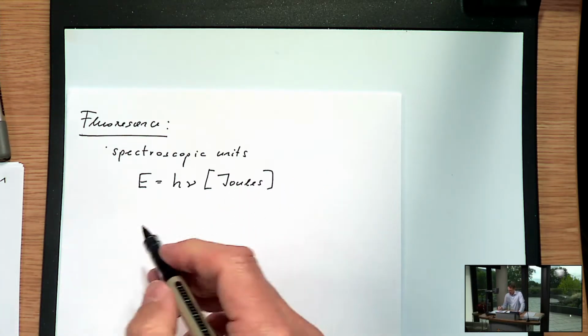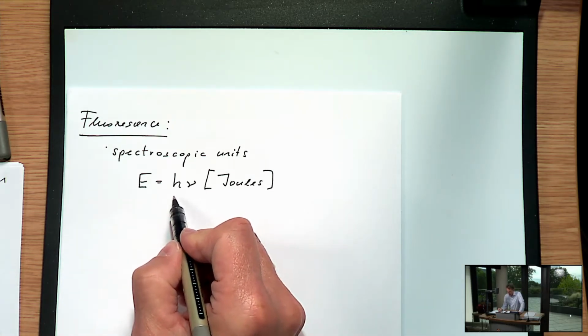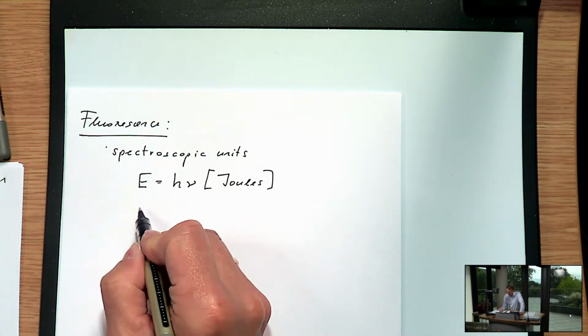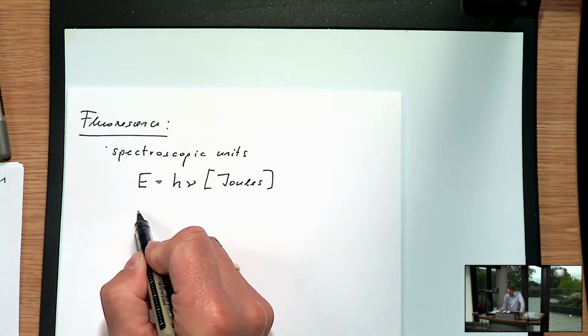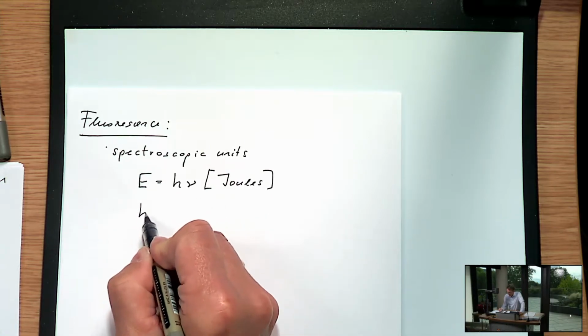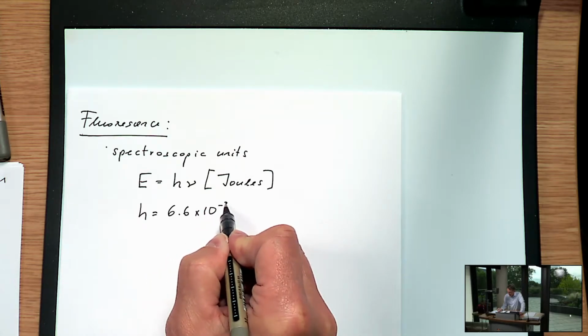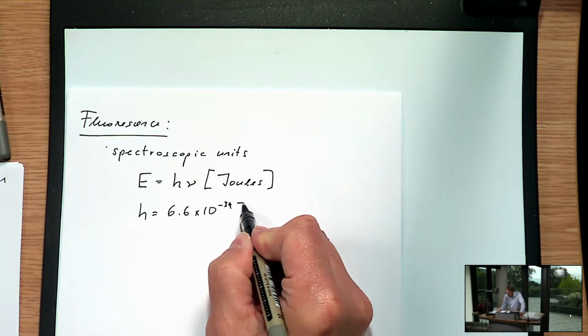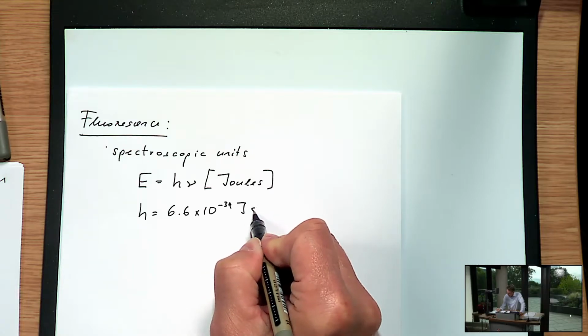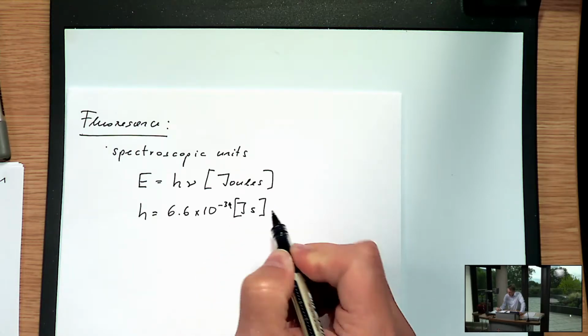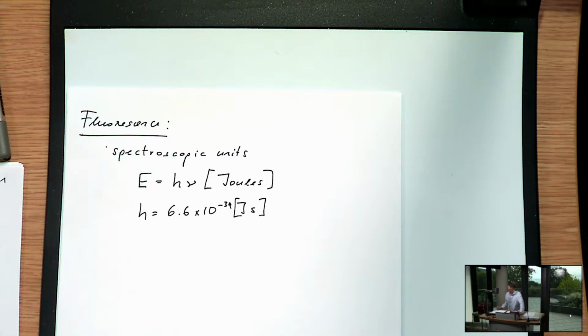So h is called Planck's constant, and it's a very small number. h is equal to 6.6 times 10 to the minus 34 joule seconds, or joules per hertz.